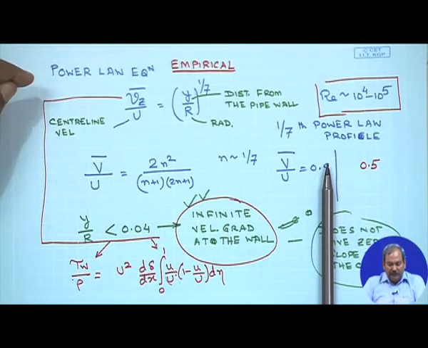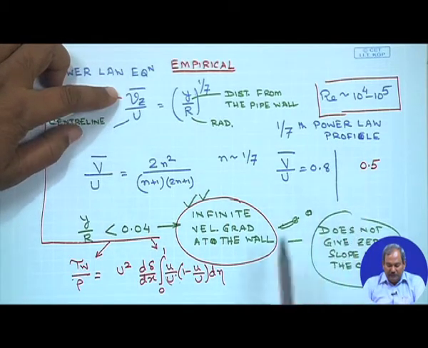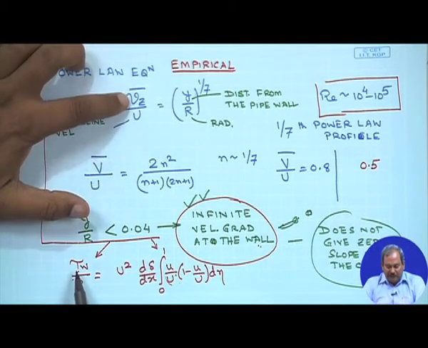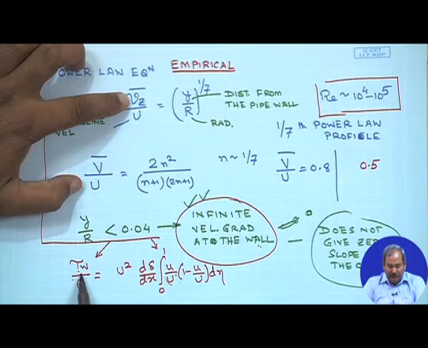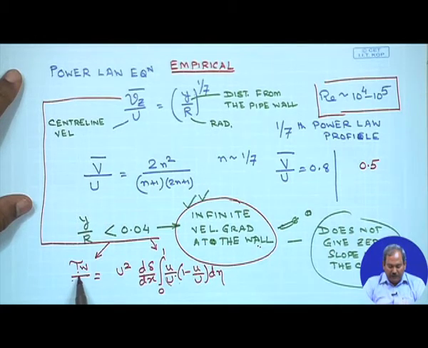So, the power law equation, since it fails and gives an infinite velocity gradient at the wall, and the velocity gradient at the wall is connected with the shear stress at the wall, cannot be used in this form with the left hand side of the momentum integral equation where we have tau w.